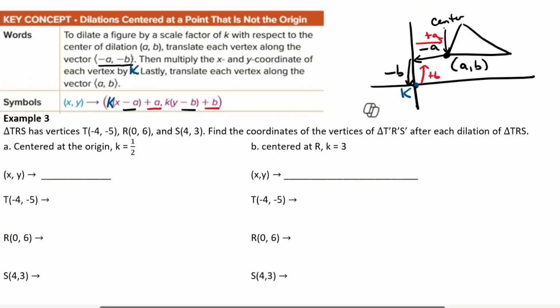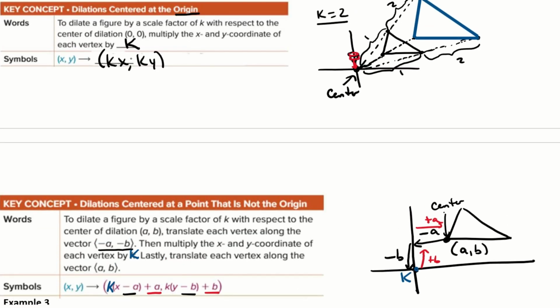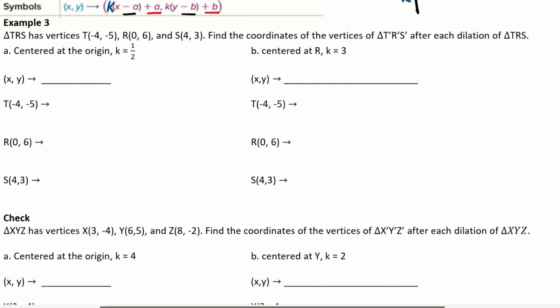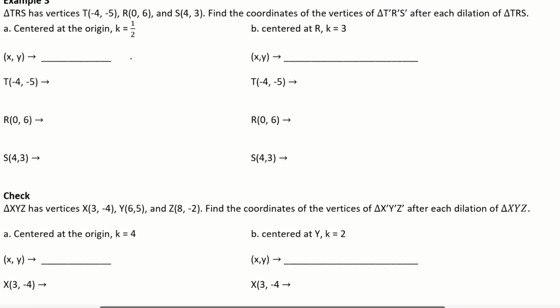Remember, about the origin it's kx, ky. So all we've got to do is multiply the x coordinate by k and the y coordinate by k. And k is 1/2, so we're going to do 1/2 x, 1/2 y. There is my coordinate rule for this particular problem.